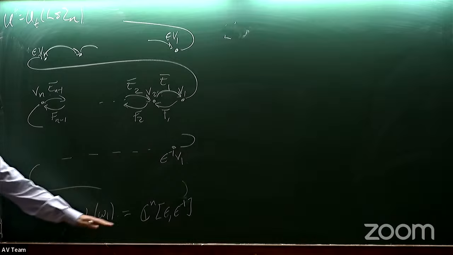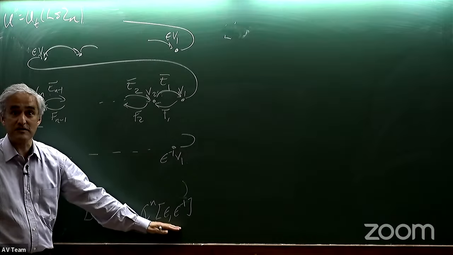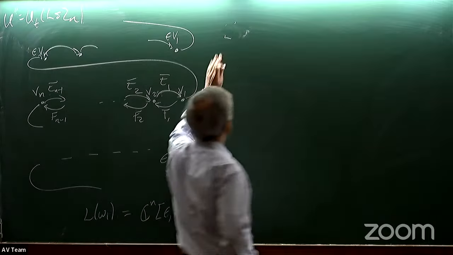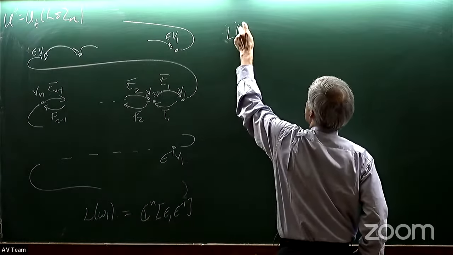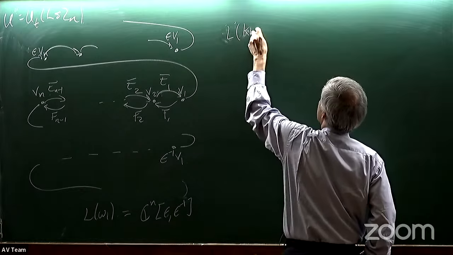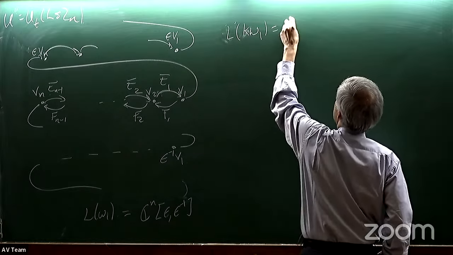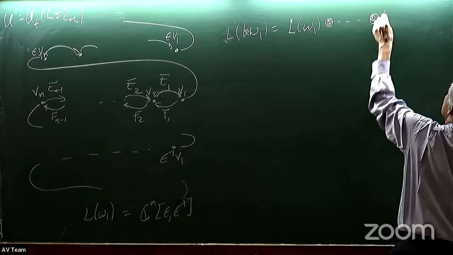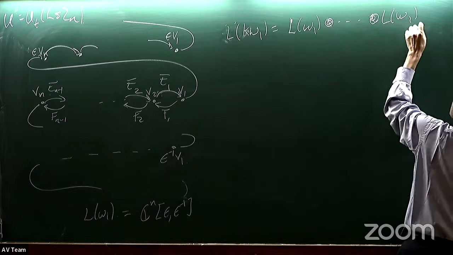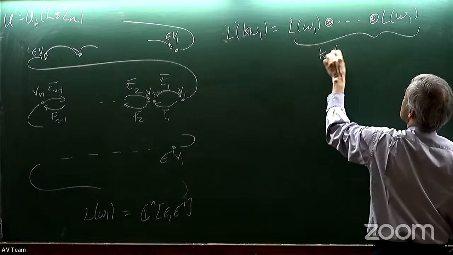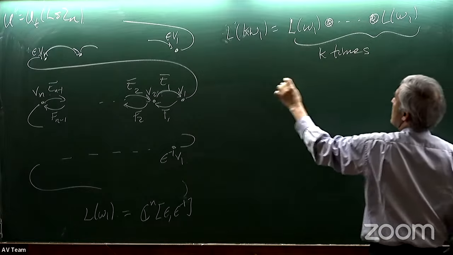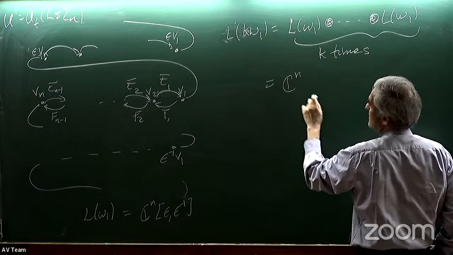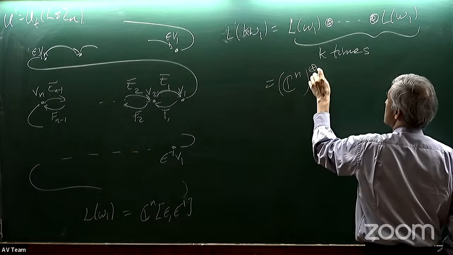So this looks like now a vector space in polynomials. And now if we were going to take L of, say, k omega 1, we can take L omega 1 tensor L omega 1, k times. And when we write that out, that's looking like C^n tensor k, I guess.